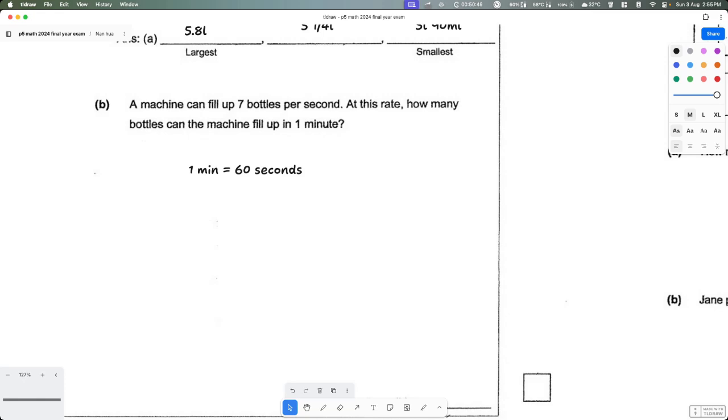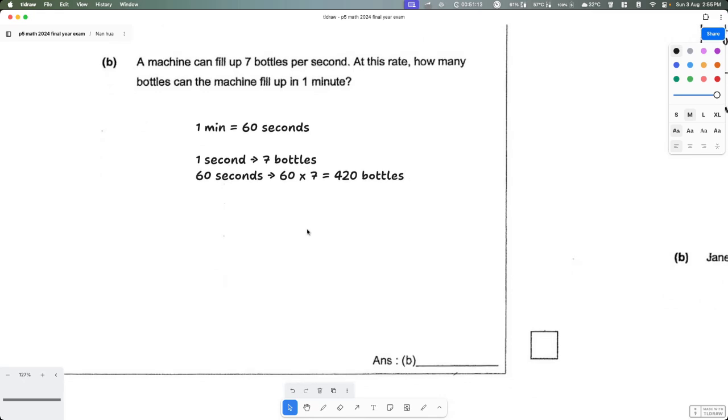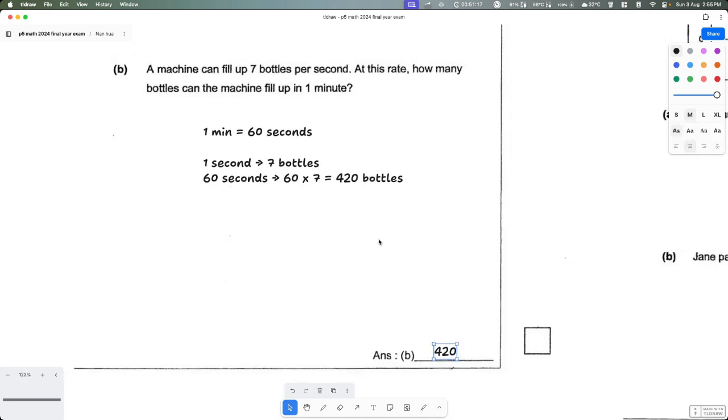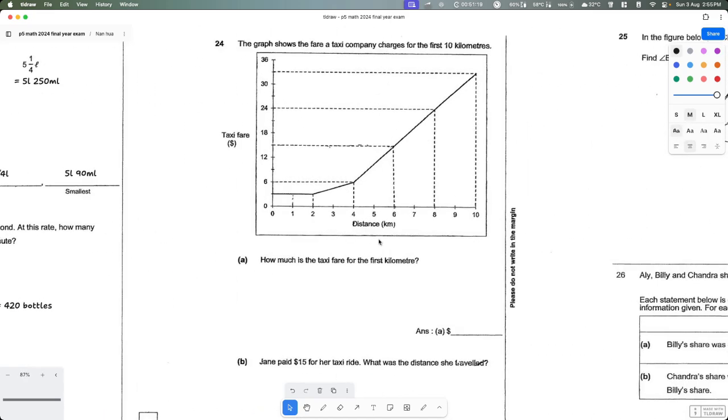We know that 1 second is 7 bottles, so 60 seconds is 60 times 7. 6 times 7 is equal to 42, so the answer is 420 bottles. That is 23 part B.